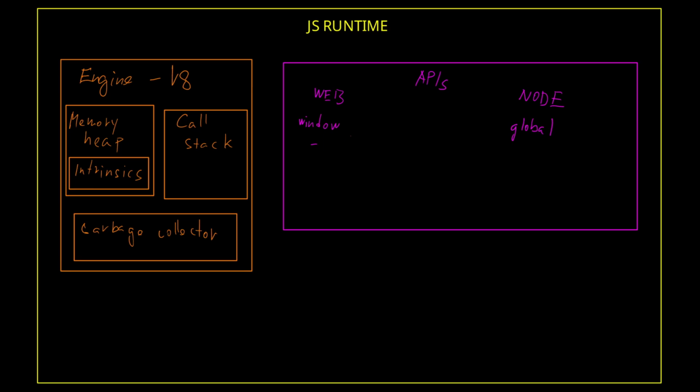Window and global have their own properties like the fetch API, local storage, setInterval, and so on. So when the engine needs to do something with the window, a DOM update or something else, it calls this API, and the API does the thing.